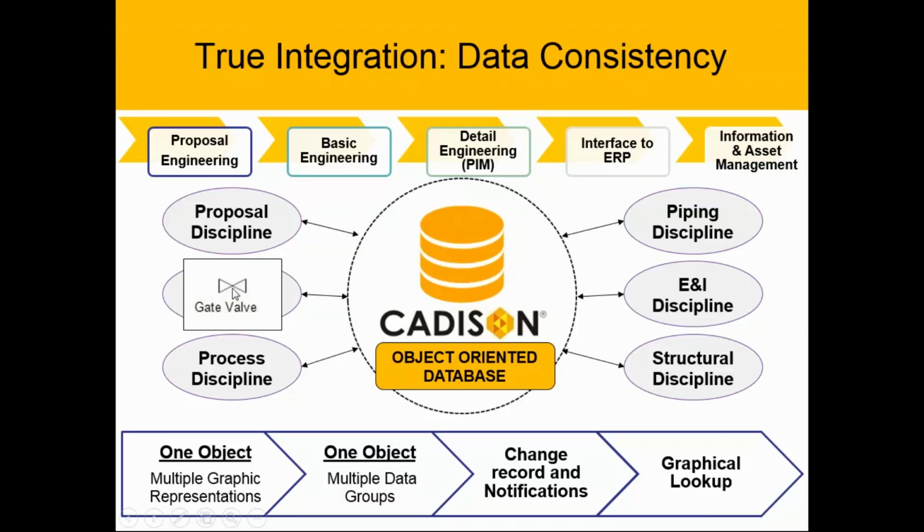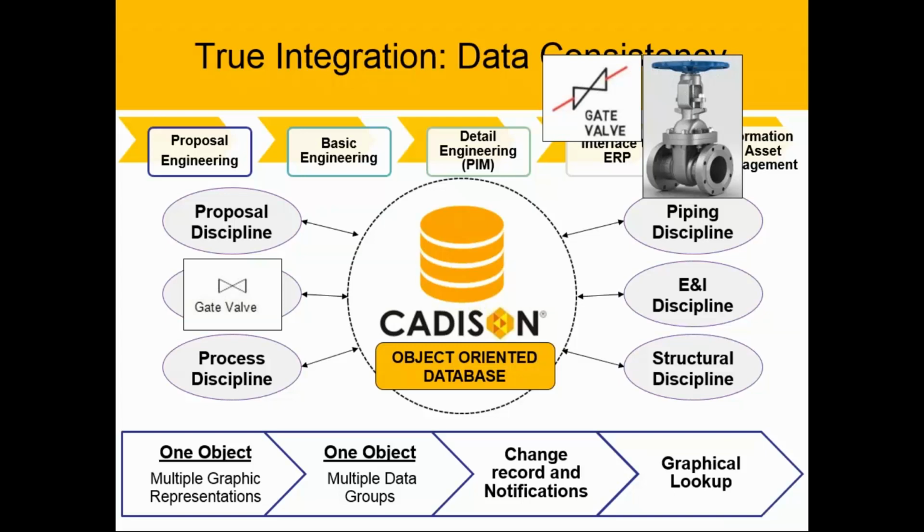For example, a valve available in the PNID, when taken to the 3D Designer, is represented with a 3D graphic over here. And when an isometric is created, the same valve is visualized as a valve ISO symbol.